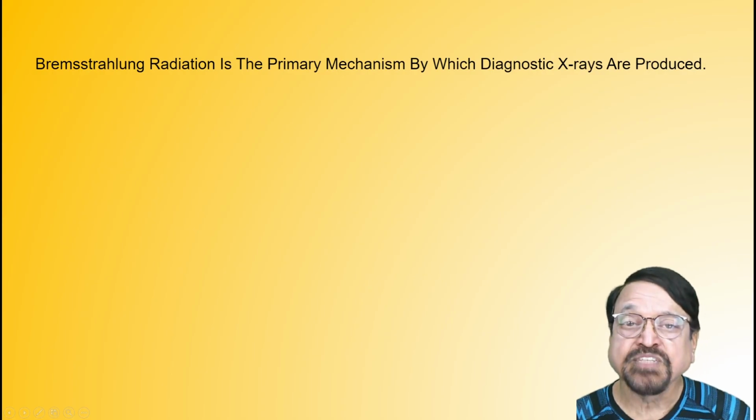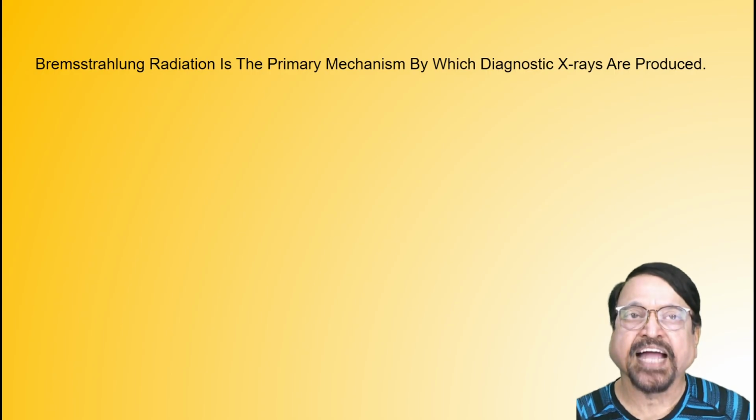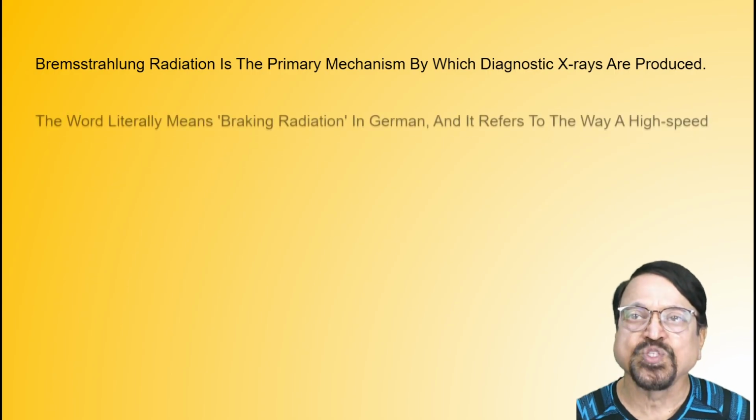Now, how to pronounce it is very important. It's a German word which means breaking off or breaking radiation. It is the Bremsstrahlung radiation. This is a primary mechanism by which diagnostic X-rays are produced.